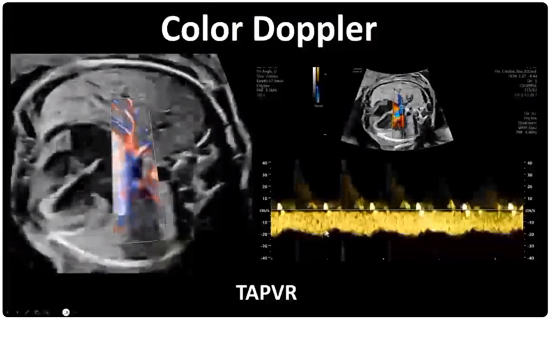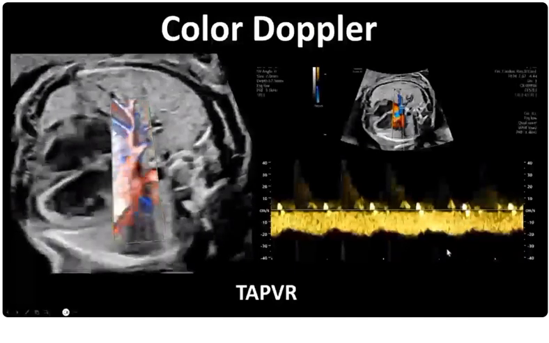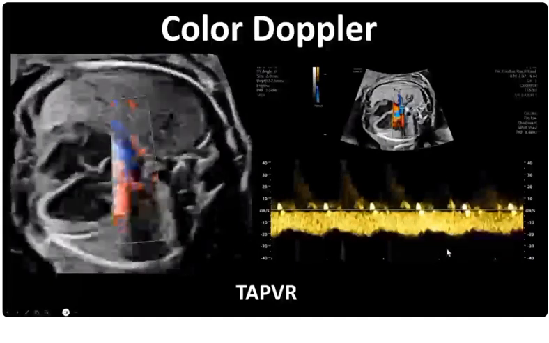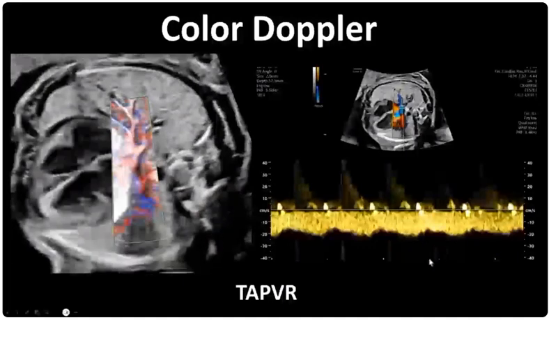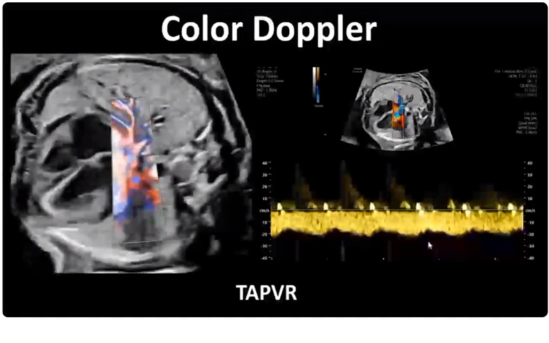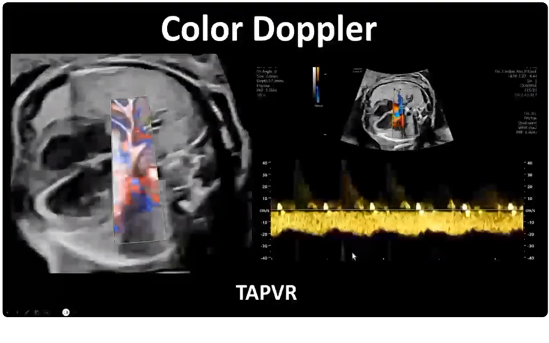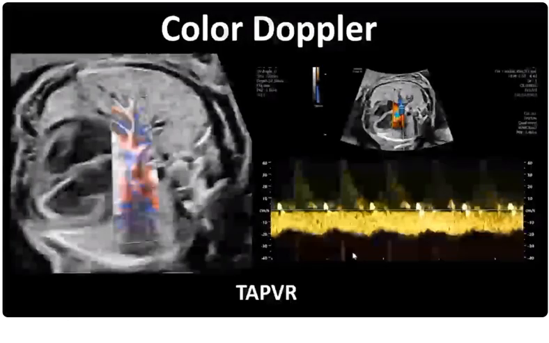The non-pulsatile blood flow and monophasic filling of the blood flow that we can see here in the pulmonary veins is very specific and very diagnostic for total anomalous pulmonary venous return. So for this fetus, the next step is to figure out where those veins are draining.